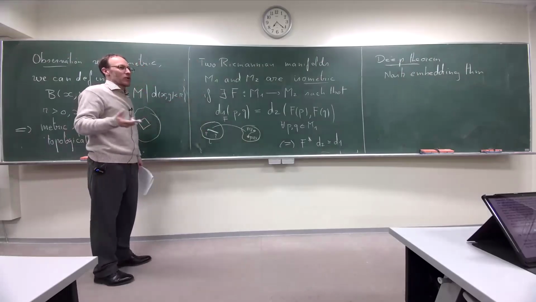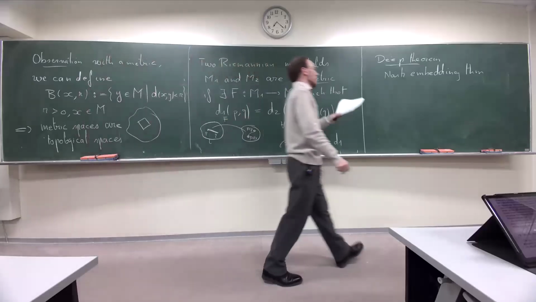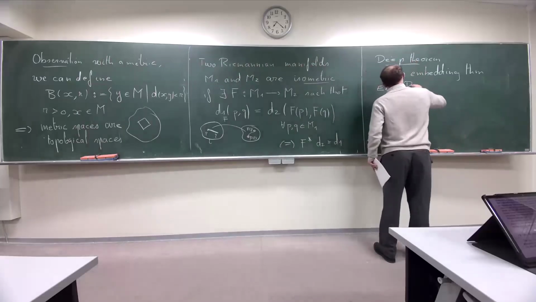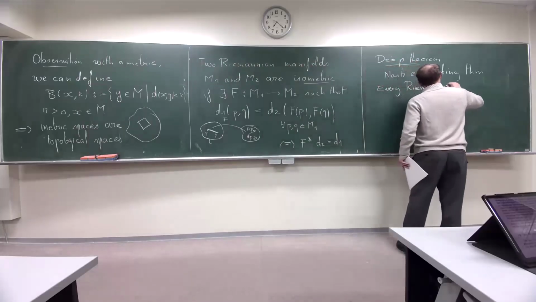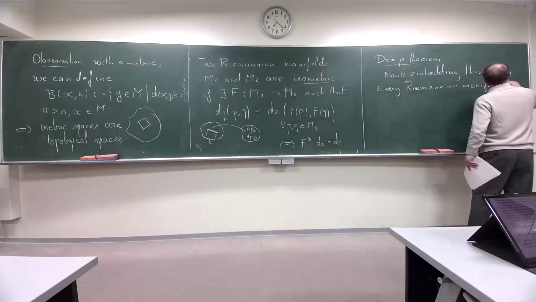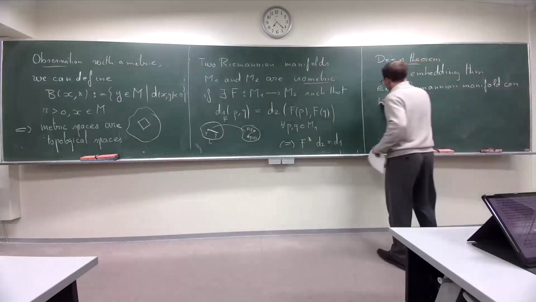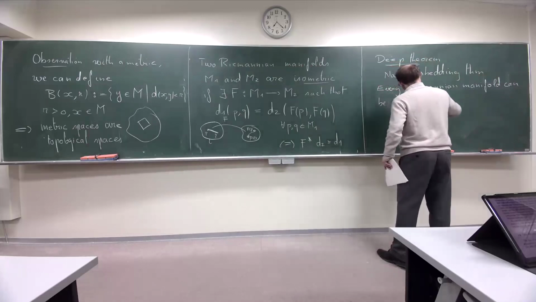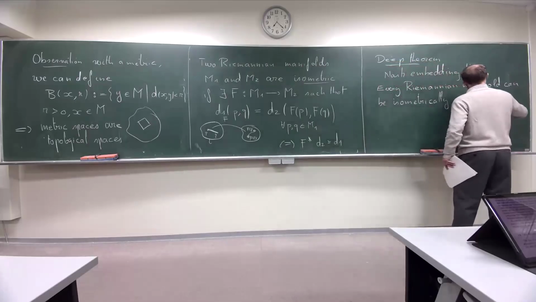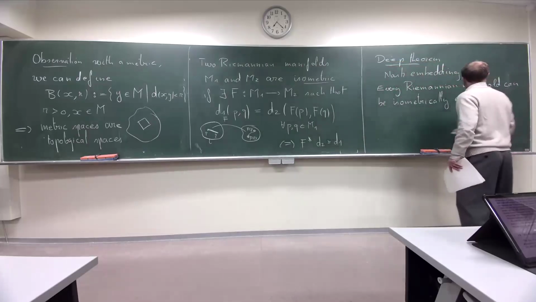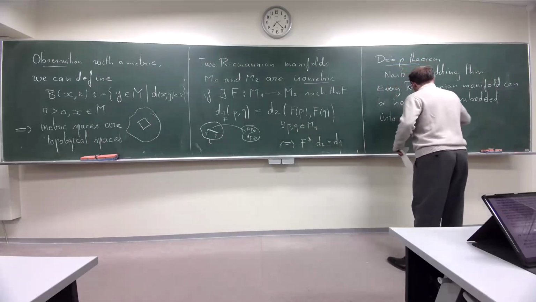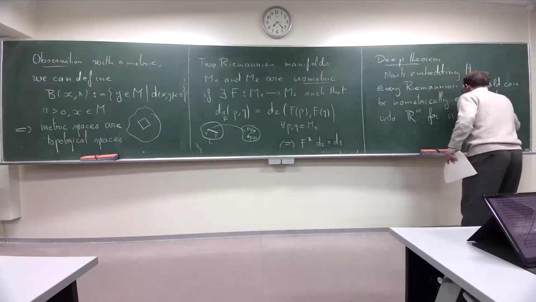But I gave an abstract definition of the manifold, and this Nash embedding theorem says every Riemannian manifold can be isometrically embedded into Rn for n large enough. Isometrically is important.